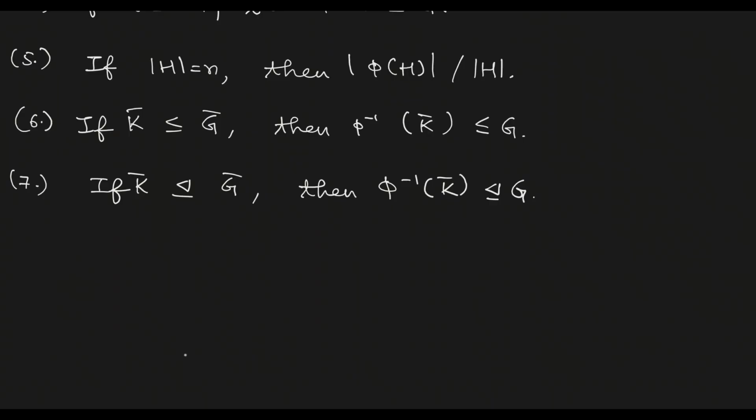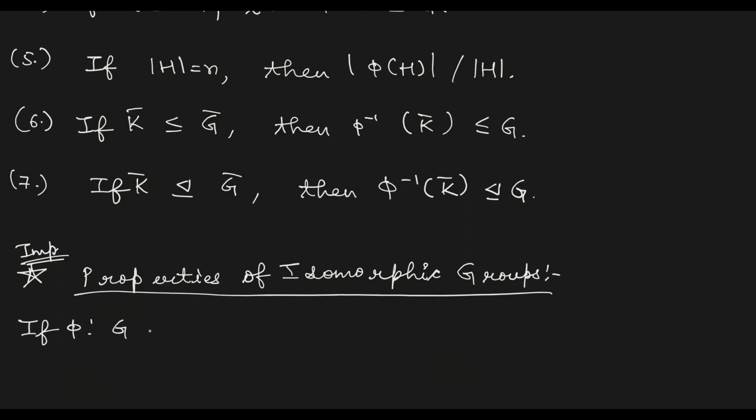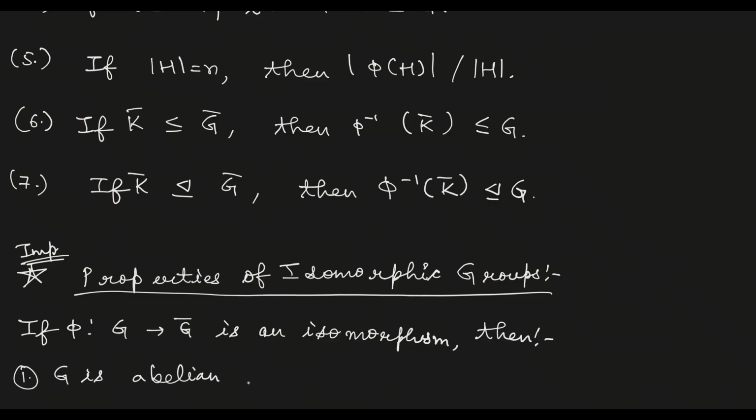Next, properties of isomorphic groups. These are important. If phi mapping from G to G bar is an isomorphism, then first, G is abelian if and only if G bar is abelian.